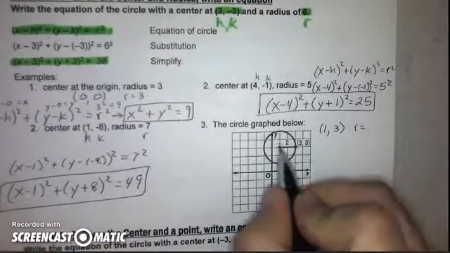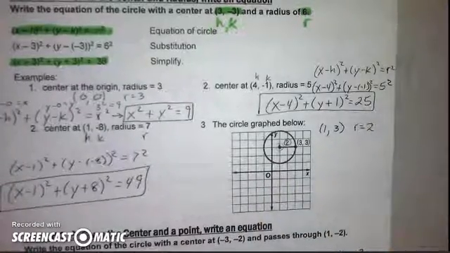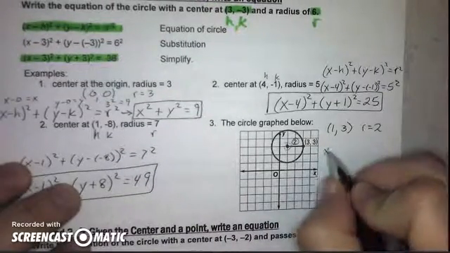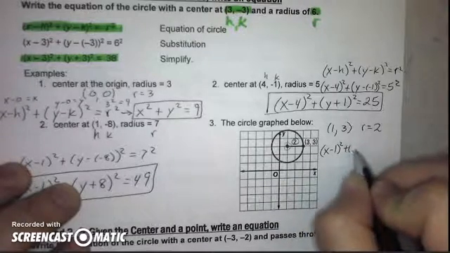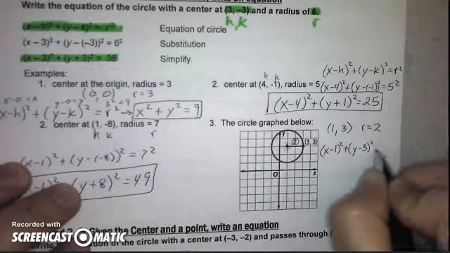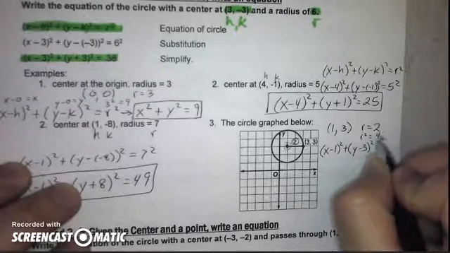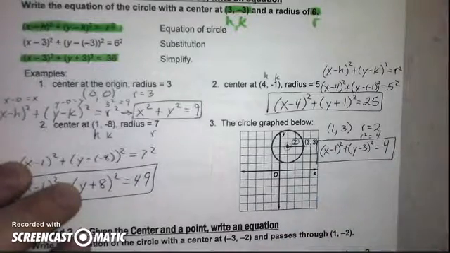Now, the radius goes from 1 out to 3, so that's a radius of 2 on the x direction. So all we have to do is plug that in. X minus 1 squared plus parentheses y minus 3 squared equals r squared. If r is 2, r squared is 4.